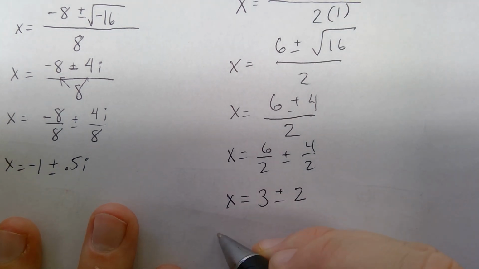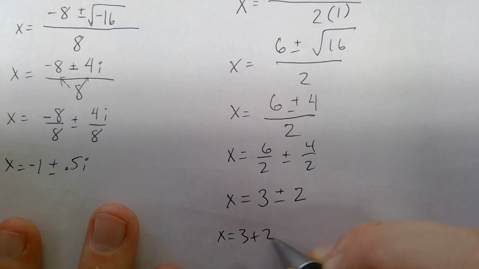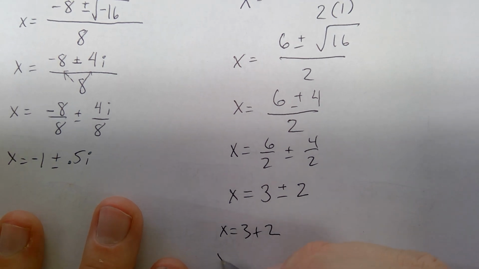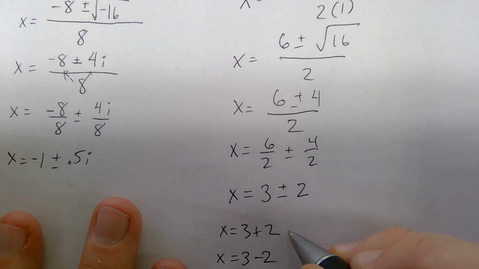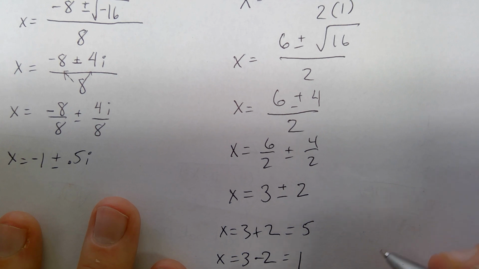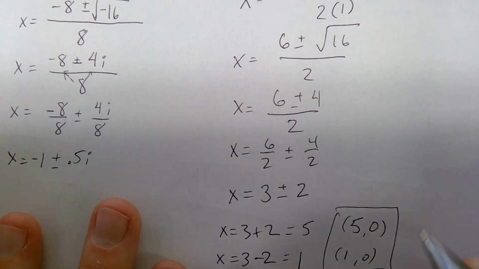Now I have x equals 3 plus 2, and x equals 3 minus 2. That's what this plus or minus means. So I'm going to have 5 as one solution, and 1 as another solution. So I can have (5, 0) and (1, 0) as my solutions.